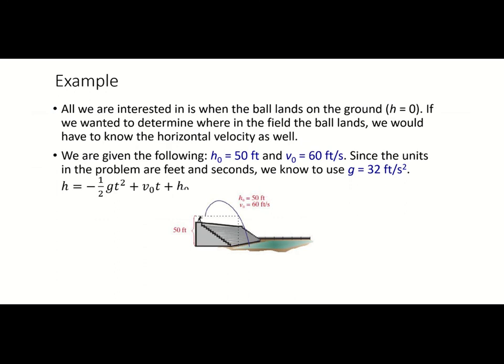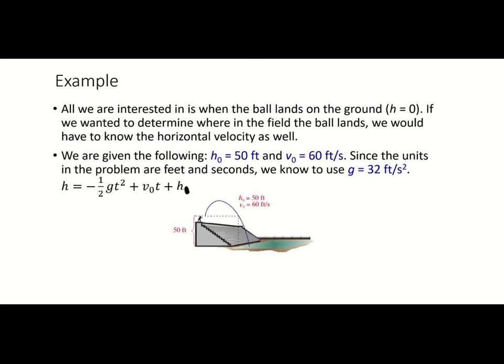All right, so we want to know when the ball hits the ground, which means our height is going to be 0. Now, to form our equation, we are always going to use the same type of equation: negative 1/2 times g, which stands for our gravity, times t squared, where t is our time, plus the initial velocity times time plus your initial height, which is h sub 0.